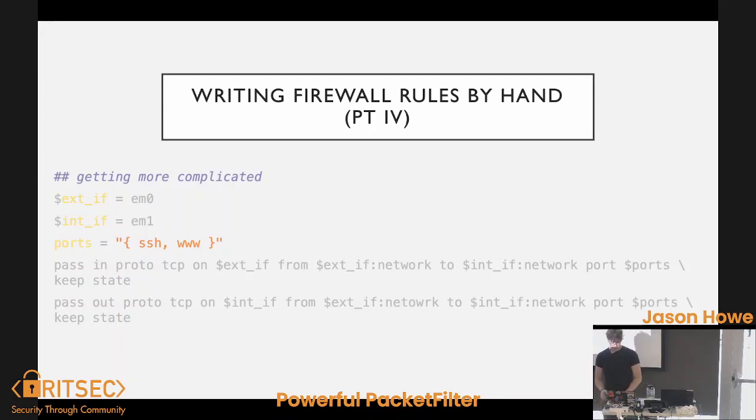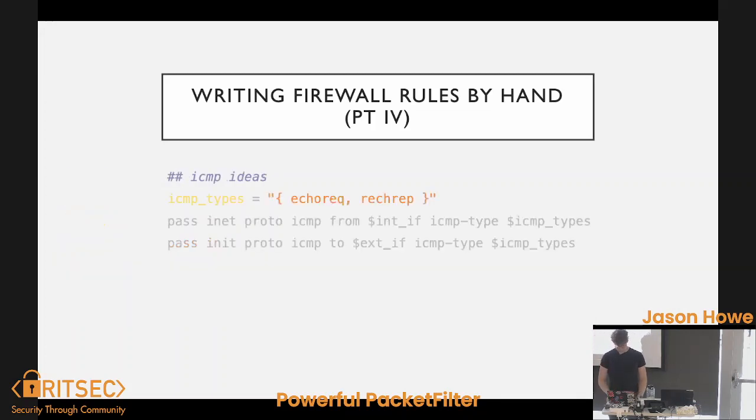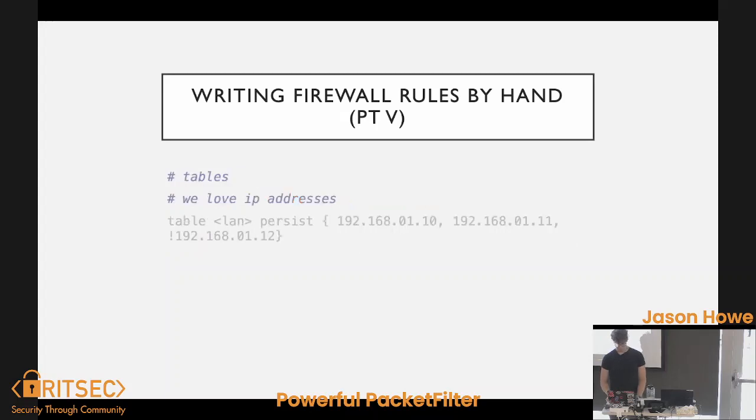And instead of specifying from exit interface network, we can say from this table as an example. So going back over here, we have our table where we define it. Tables are always defined by these open and closed carets, and then we give it a list. The persist here means that we want it to come back all the time. If you don't have that, sometimes it gets wiped.